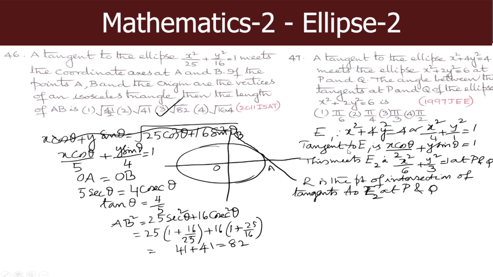Then PQ is the chord of contact of the tangents drawn from R, say x naught, y naught. And therefore, the chord of contact of x naught, y naught, that is x naught x plus 2 y naught y equal to 6, and the tangent line 1 represent the same line.